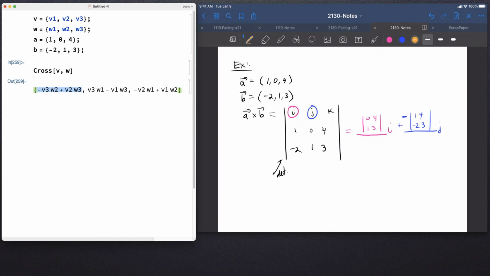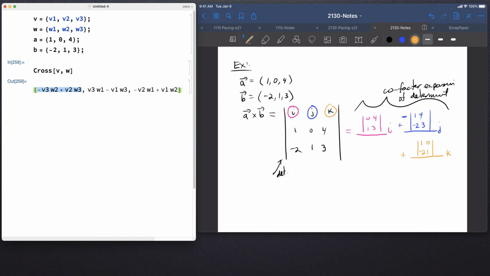And then finally there is the last entry, the k entry. Okay, and then we will have the determinant of the 1, 0, negative 2, 1 submatrix. So for those of you who are in linear algebra, we're essentially doing what is called the cofactor expansion of the determinant.